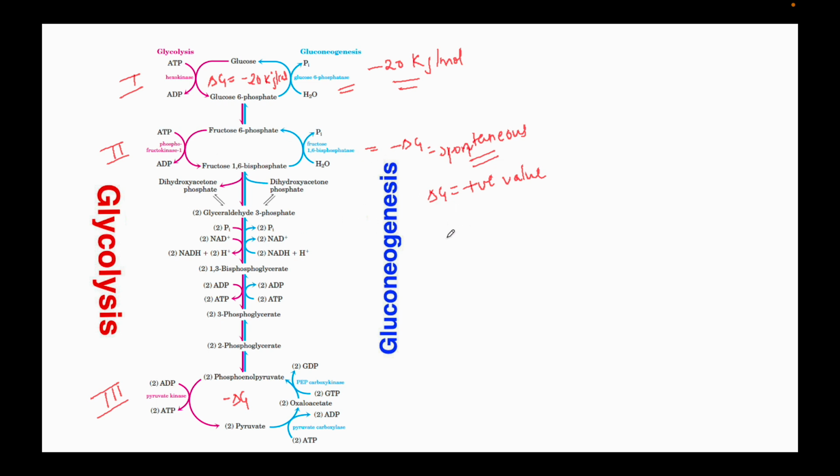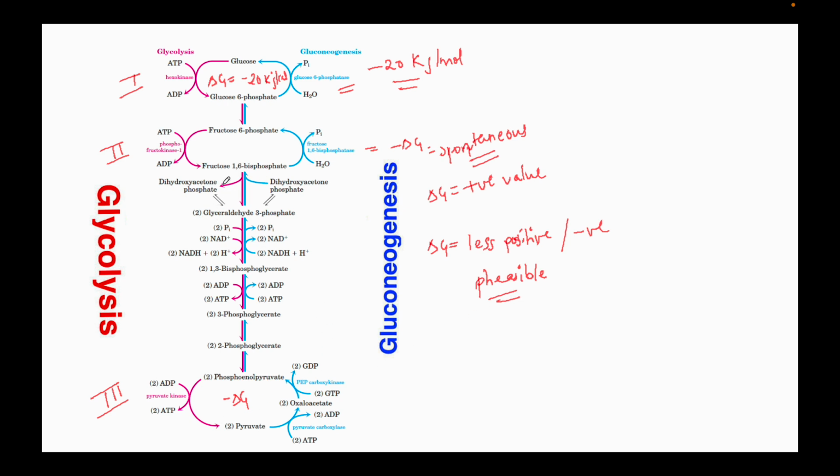Hence the cell chooses a different enzyme to catalyze this reaction, whose delta G will be slightly less positive or negative, and thus the reaction is feasible.